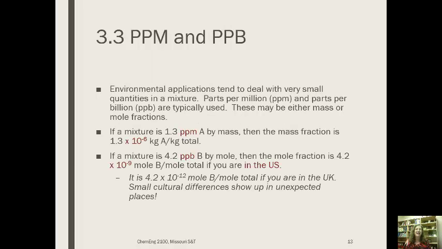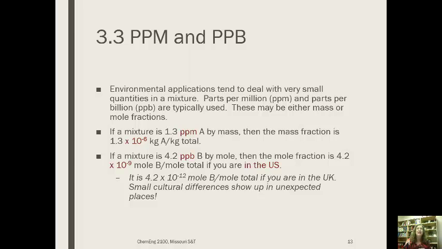Now, one last topic here. Part per million and part per billion. Sometimes we're talking about teeny tiny quantities of chemicals. Even a very, very small amount of, say, H2S is going to cause some serious health problems.